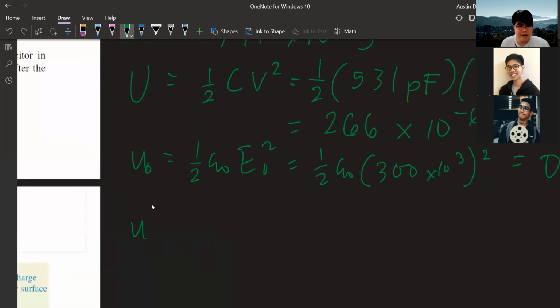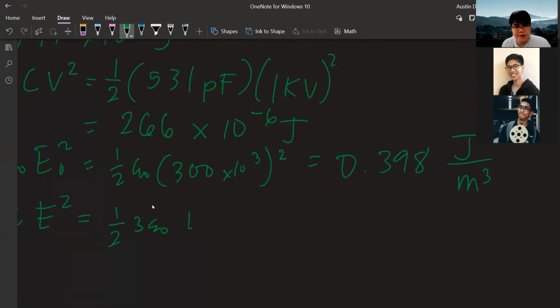Then the energy density after would be 1/2 epsilon E squared. So this is actually 1/2 times 3 epsilon naught E squared. So 3/2 epsilon naught times yung 10.